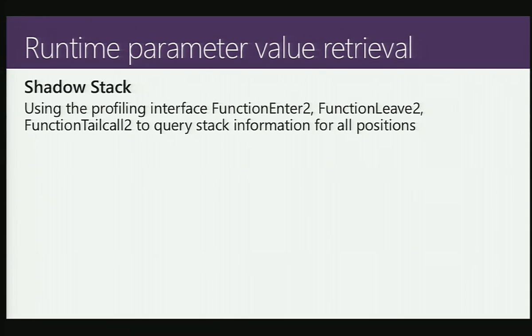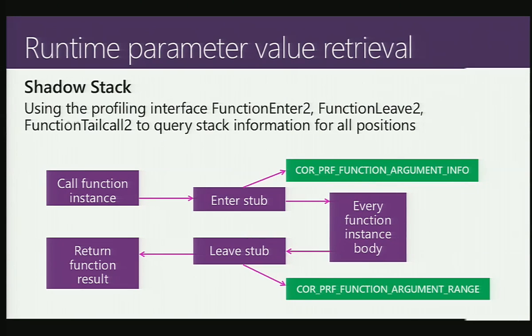I think it actually gives you access to the function stack during its enter and leave time, so that every time a function instance is called, it first goes into the enter step, where I can access the argument info value, which contains the argument type, the argument's address and its value. Then it goes into the function IL body to execute the function's IL code.